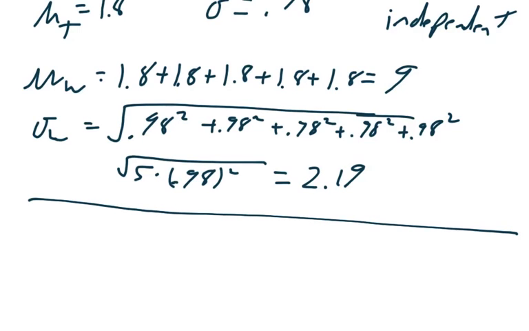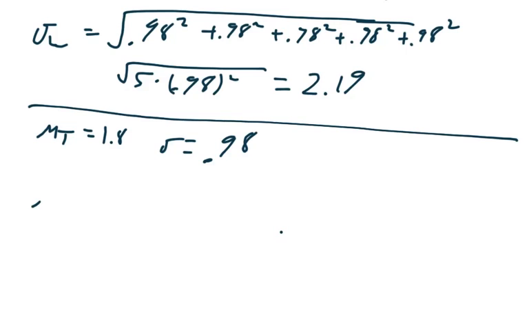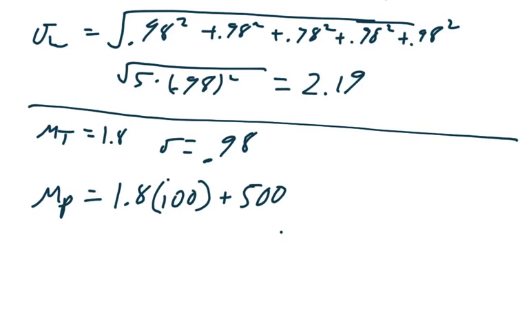If Linda makes $500 plus $100 per vehicle, how much can she expect to make in one day? Well, the mean was 1.8 and sigma was 0.98. So if we make $500 plus $100 per vehicle, the mean of her paycheck is 1.8 times $100 per vehicle plus the $500 she gets no matter what, which is $680.